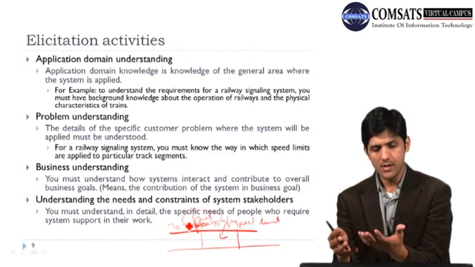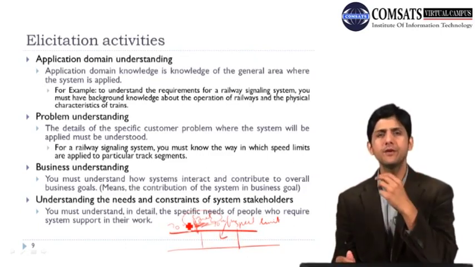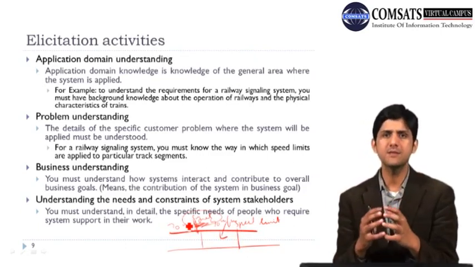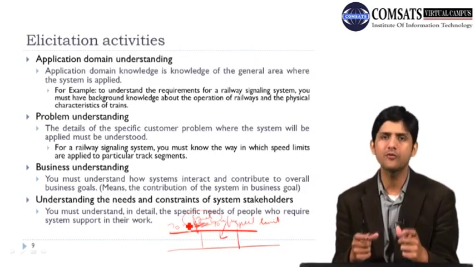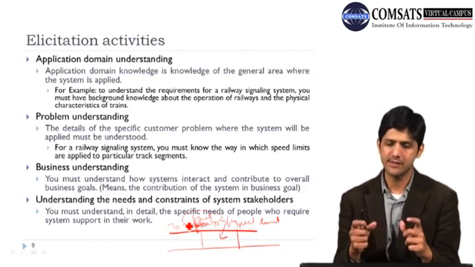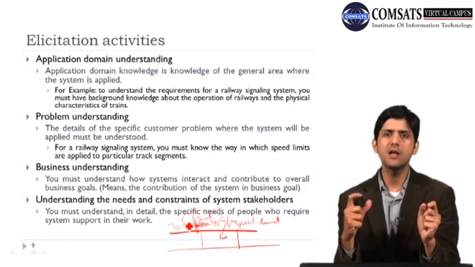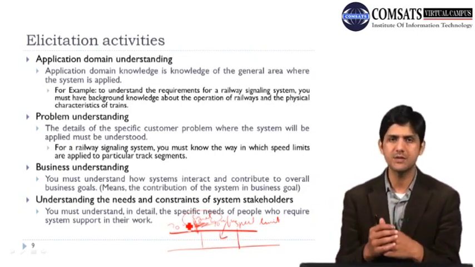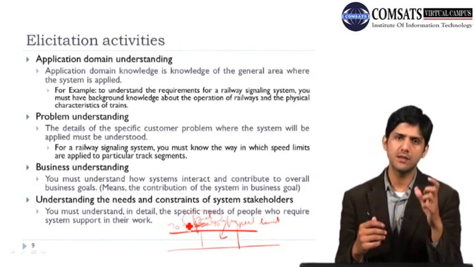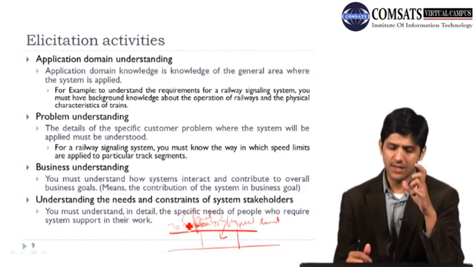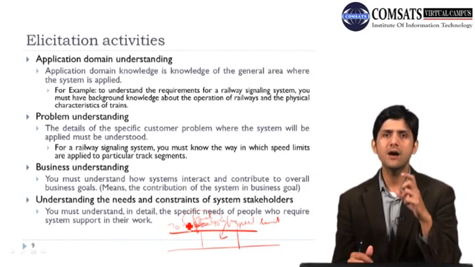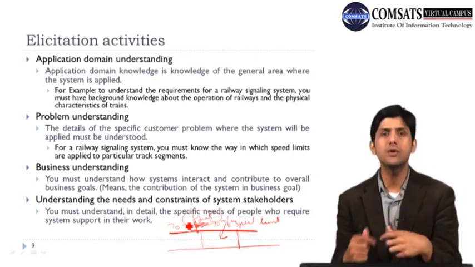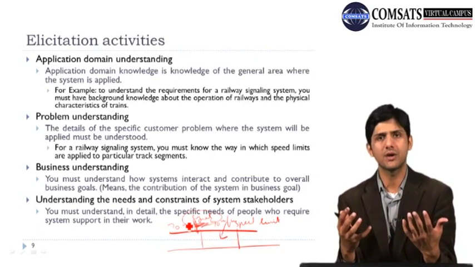So if we think about this particular software, this railway signaling system, under the systems philosophy, and we think about the technological, organizational, and business benefits, then the business side should tell us what the benefits of this system are to the overall goals of the organization.